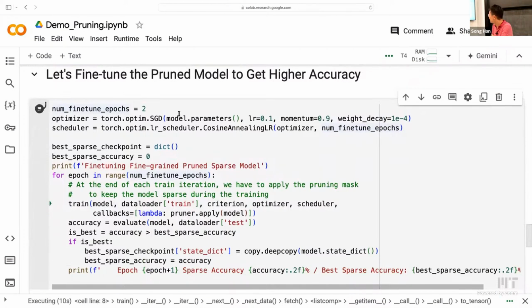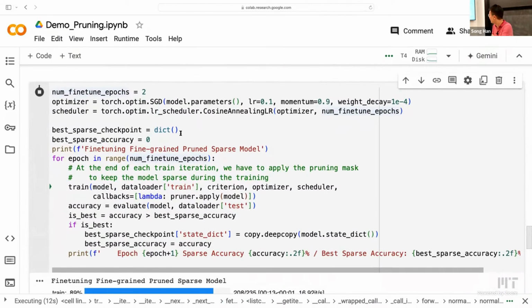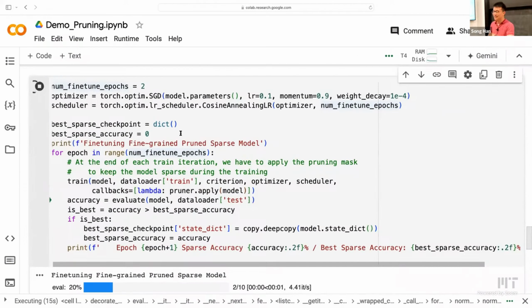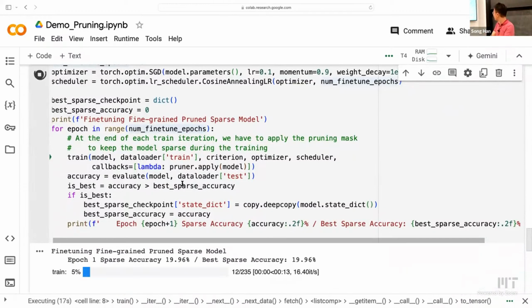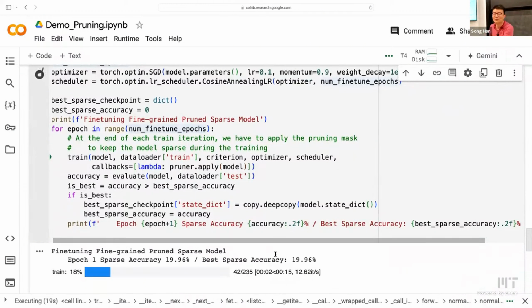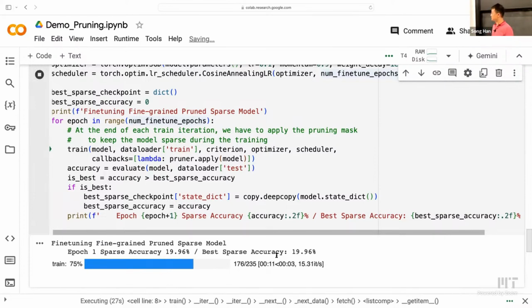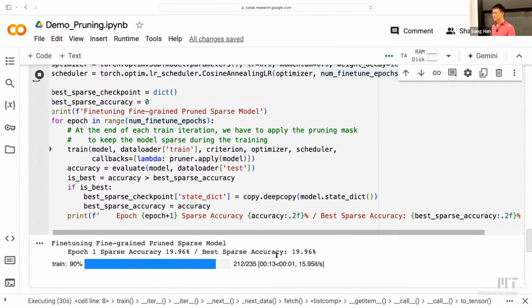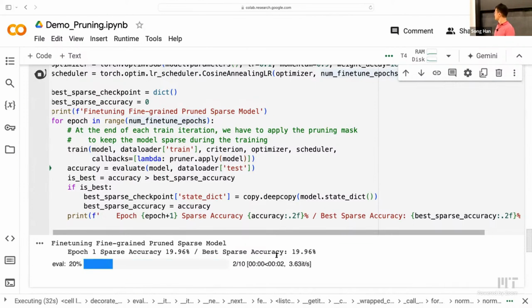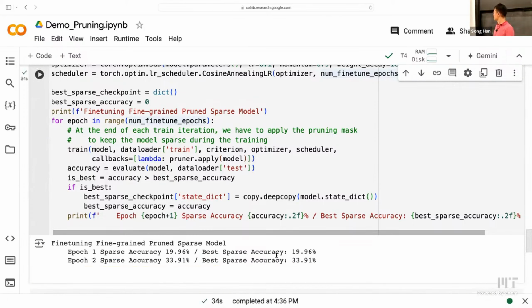So let's fine-tune that for 2 epochs and see what happens. Oh, the first epoch gives you 9% accuracy back. Okay, the second one finished, 33%.